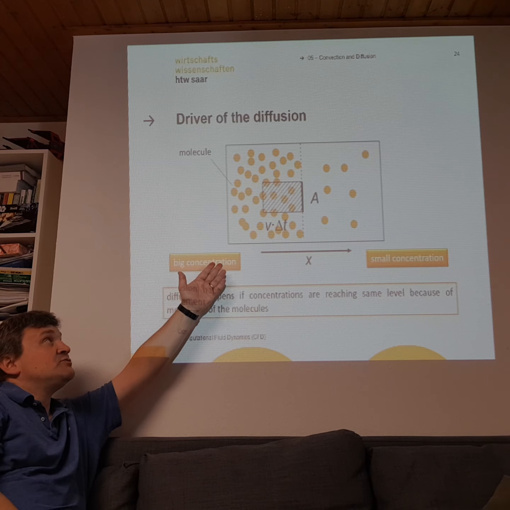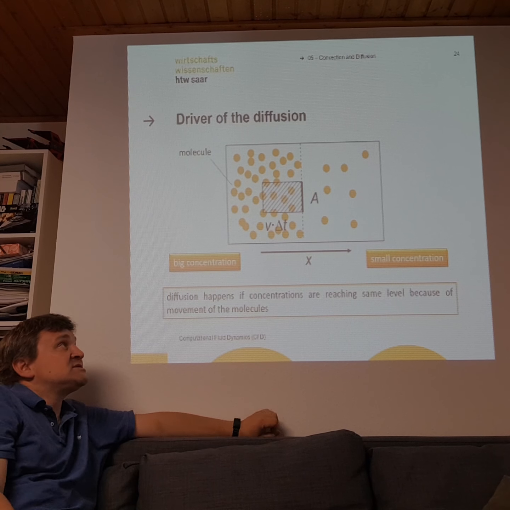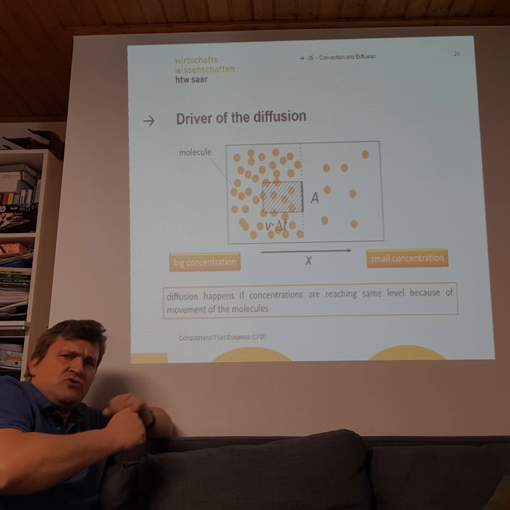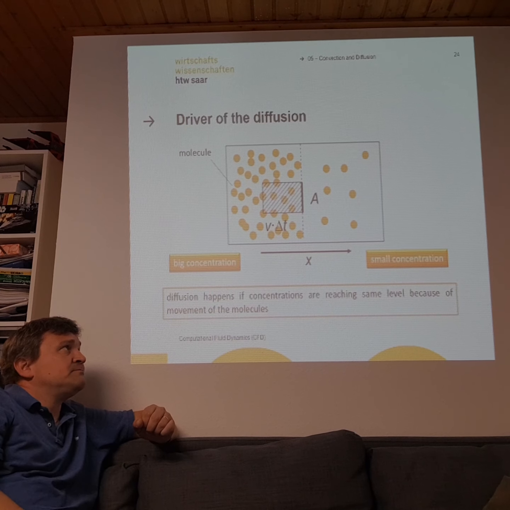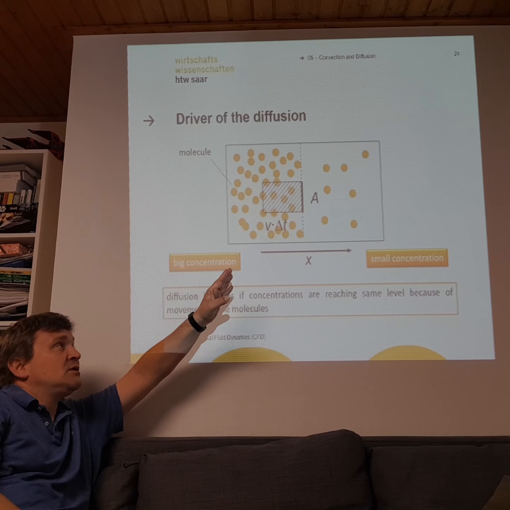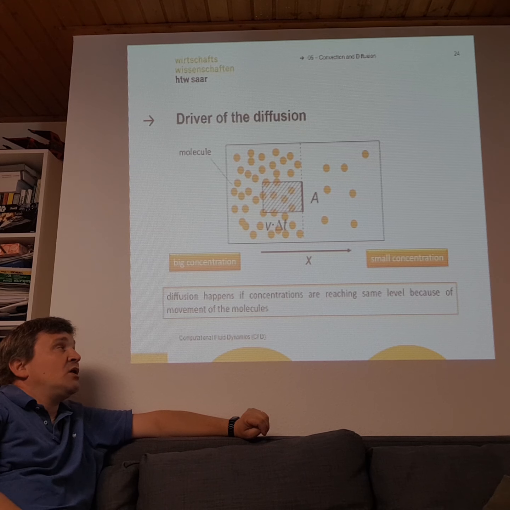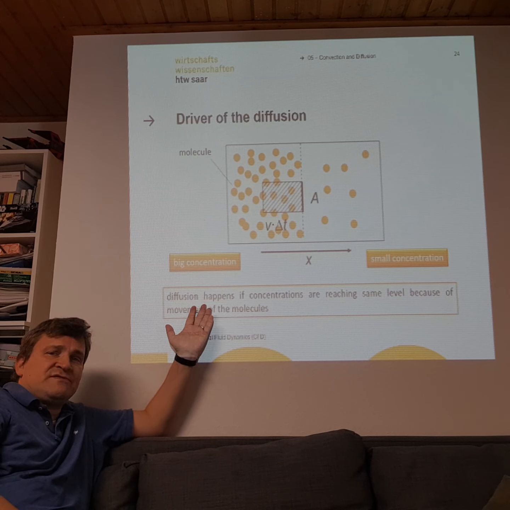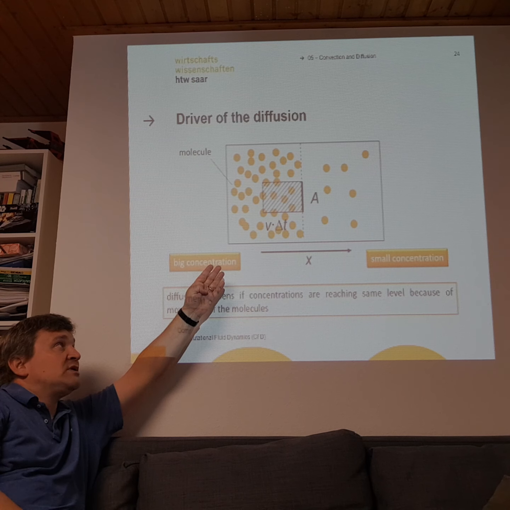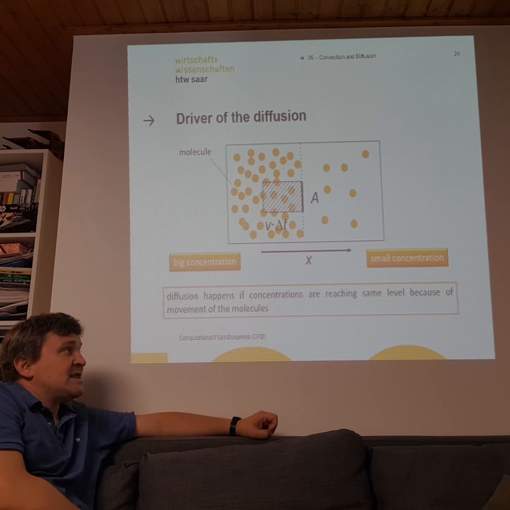Or imagine we have a glass with molecules inside, and the molecules move, they push each other, and then if we open a wall in between, where we have fewer molecules on the other side, the molecules from this denser solution will travel into the other parts of this glass.